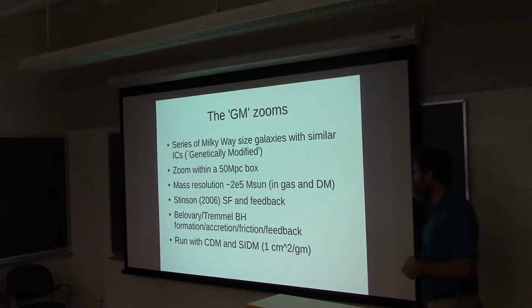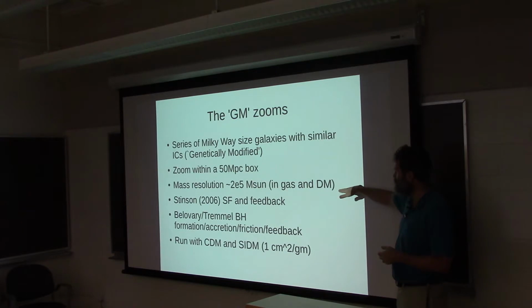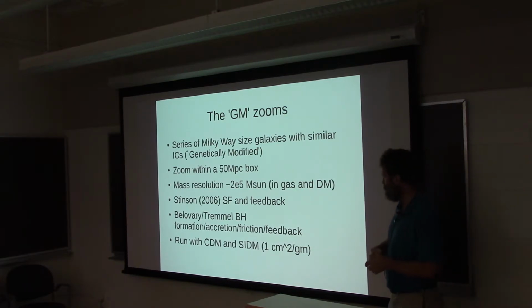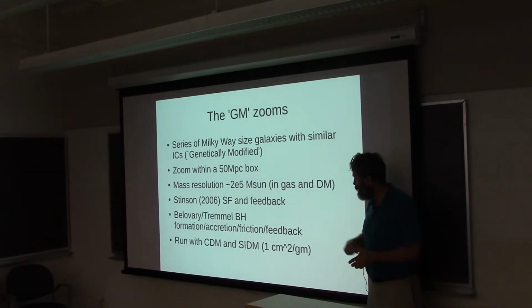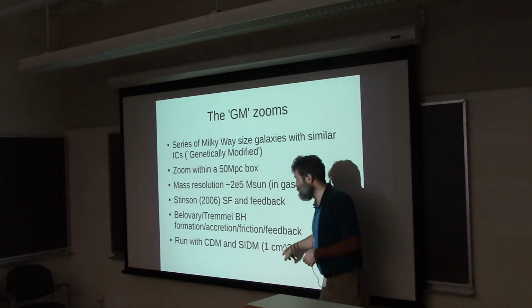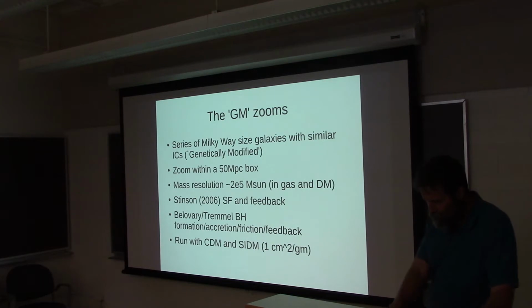It's got the same mass resolution that I talked about before, blast wave star formation and feedback, going back to Greg Stinson's work, and I've already talked about the black hole. And so we're going to run these both in cold dark matter and in self-interacting dark matter with the cross-section given there.